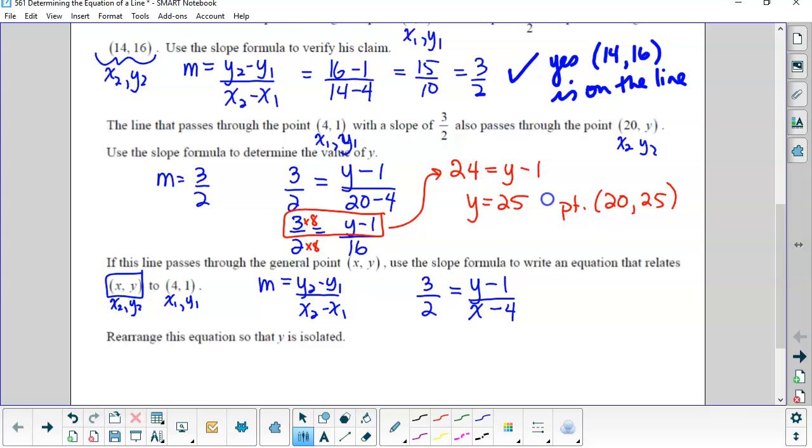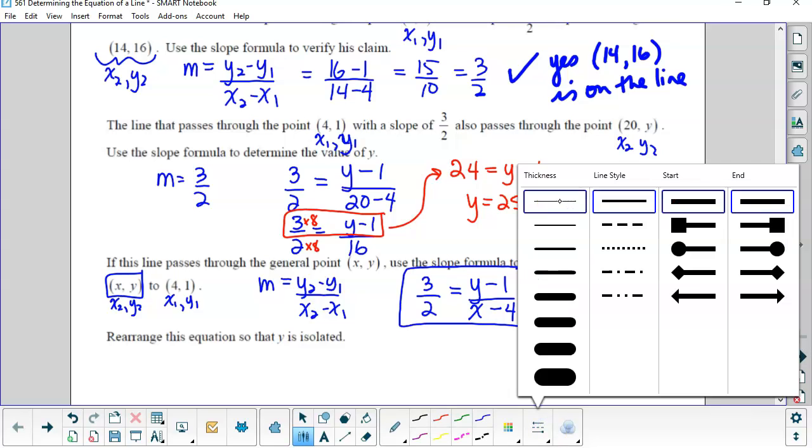So we've got now an equation that relates any point on the line that passes through (4, 1) with slope 3 over 2. We don't leave it in this form. That's why it says rearrange this equation so that y is isolated. This is where the good old rational expressions come into play.